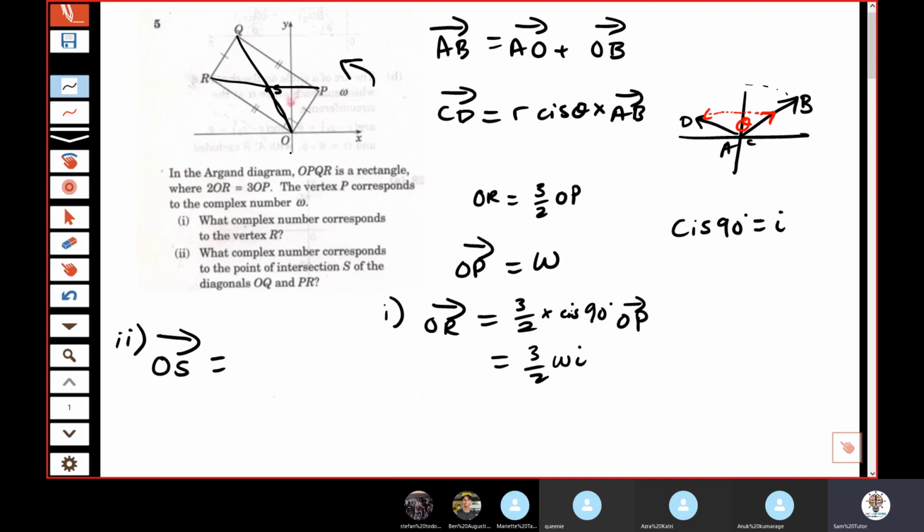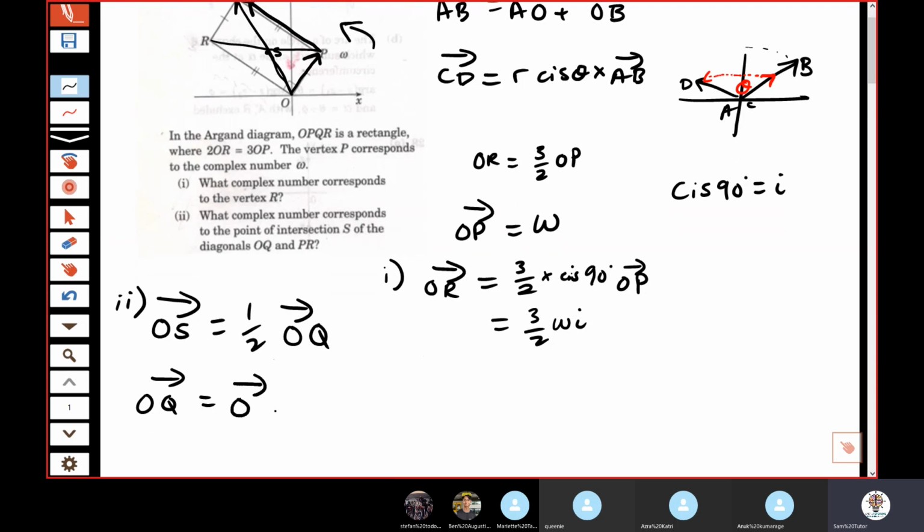All right, so vector OS is going to be half of vector what? OQ. Vector OS is half of vector OQ. So really, what are we trying to find? OQ, not OS. Now, vector OQ is equal to vector OP plus vector PQ.